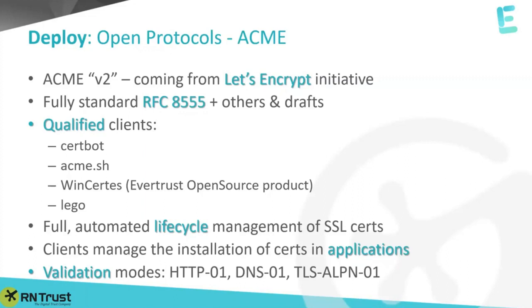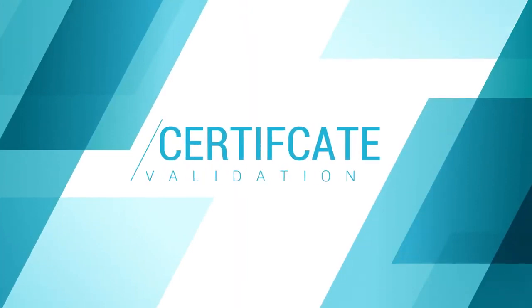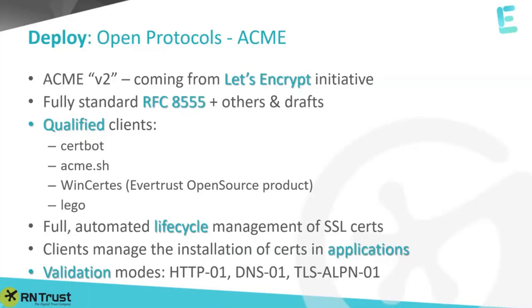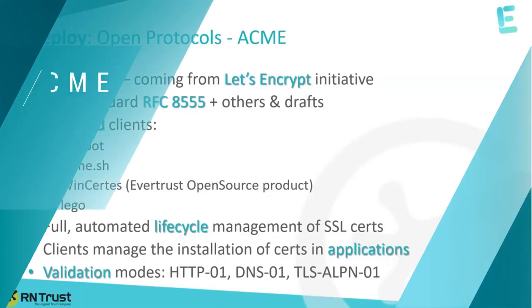When we come to certificates, there is validation. The whole point of a certificate is to be sure that you are who you claim you are. If you go to www.yourbank, you want to be sure that you are really talking to your bank. There has to be some validation before issuing the certificate. The ACME protocol comes with three very common validation methods.